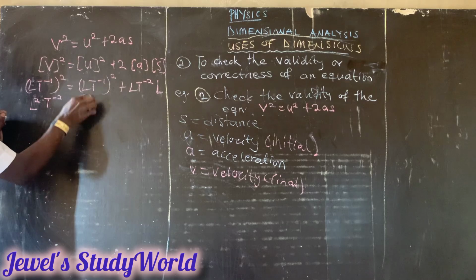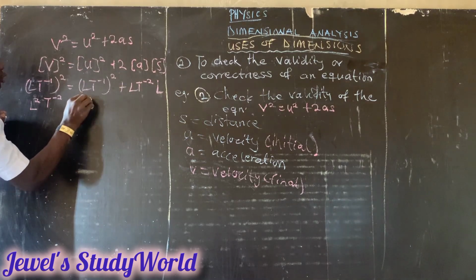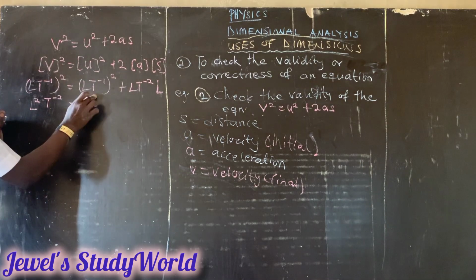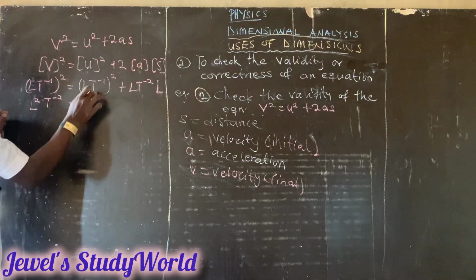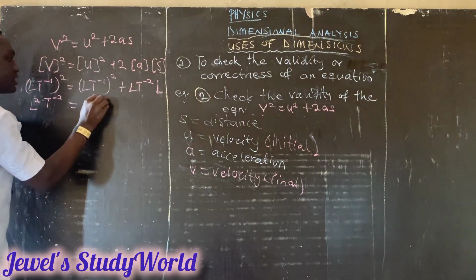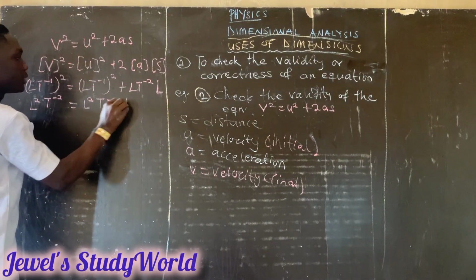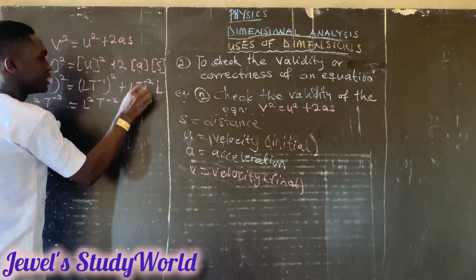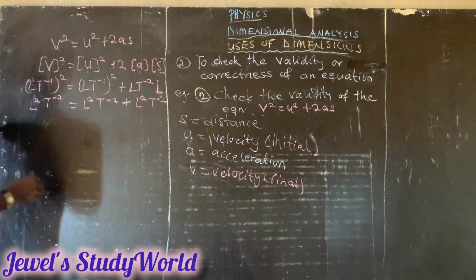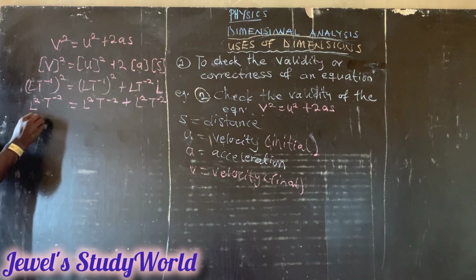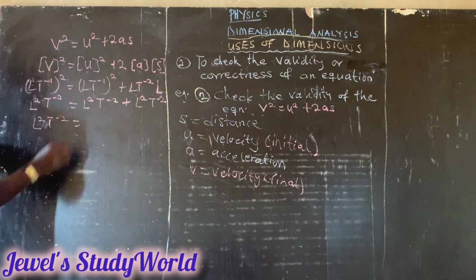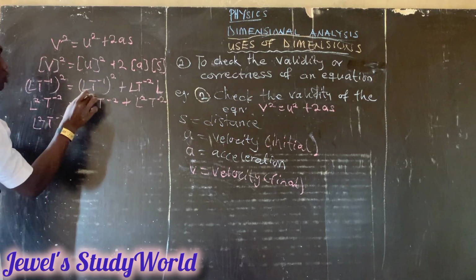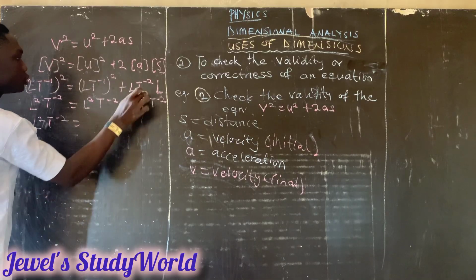here you have L power 2 gives us L2, and here you have T power negative 1 times 2 giving us T negative 2, plus here you have L times L giving us L squared, then T negative 2. So you have L2 T negative 2 to be equal to, here you have L T negative 2 plus L T negative 2.